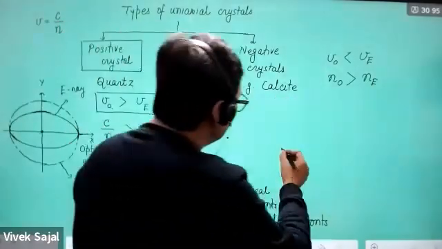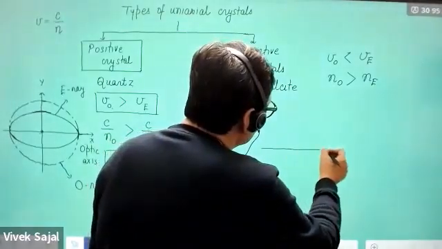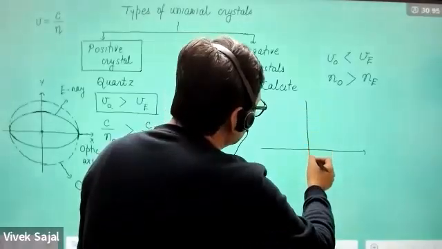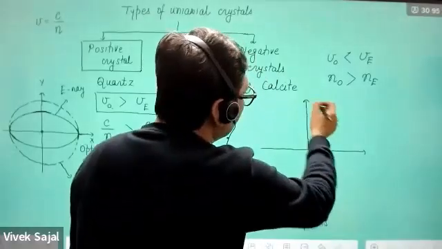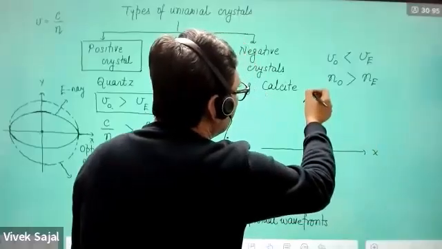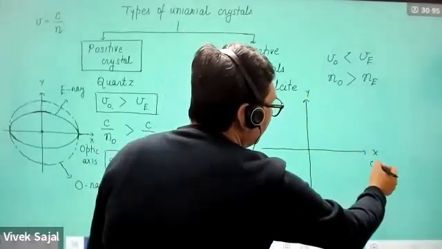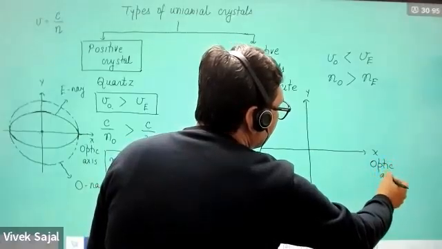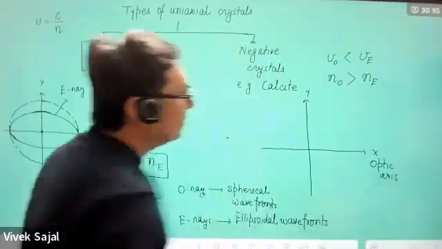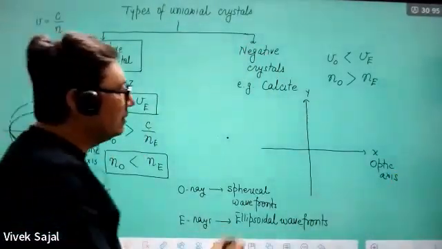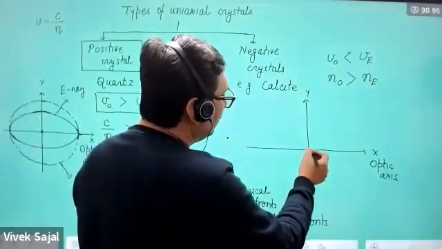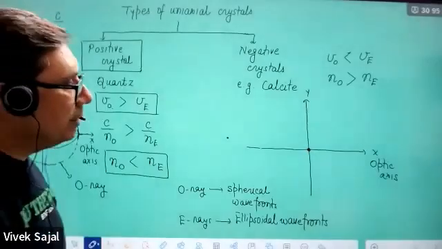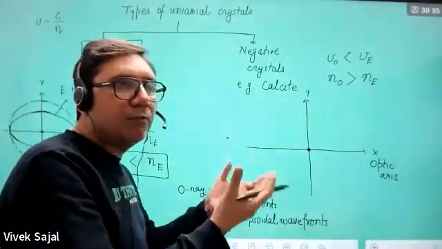Now try to understand, if you have a point source placed in a calcite crystal, a negative crystal. Here this is the x-axis, this is the y-axis, and I'm saying this x-axis represents the optic axis. There is a point source here at this point O. When light emerges from here, two wavefronts will emerge.